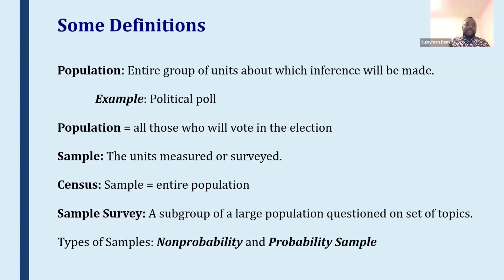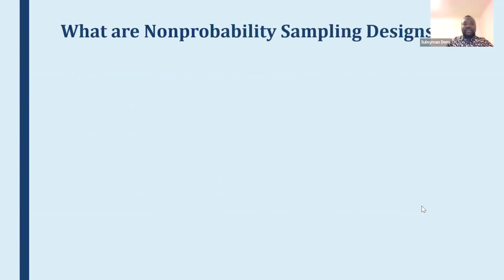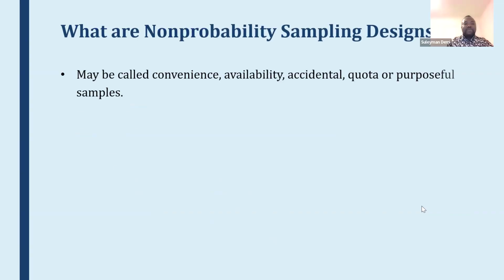Let's know that. Any questions so far? Any questions, comments? All right. There are two main types of sampling, as you all know: non-probability sampling and probability sampling. Let's start with non-probability sampling.